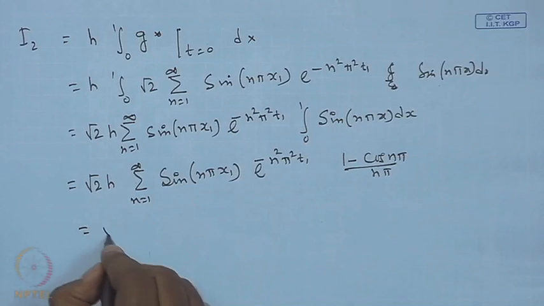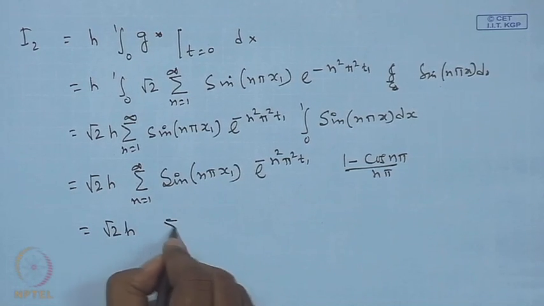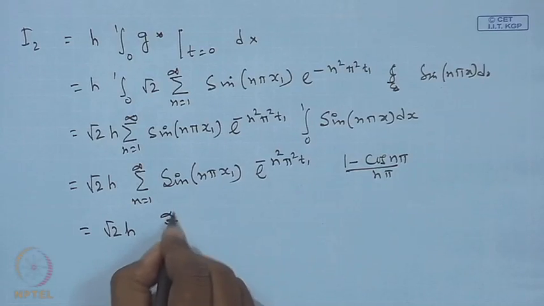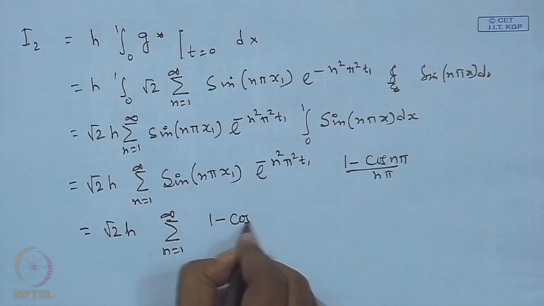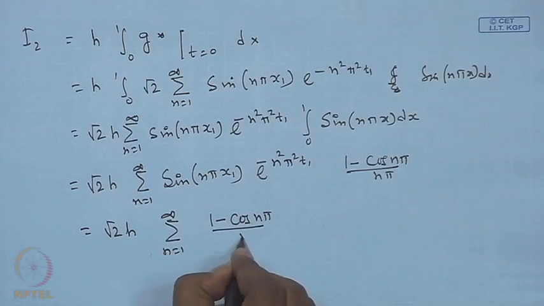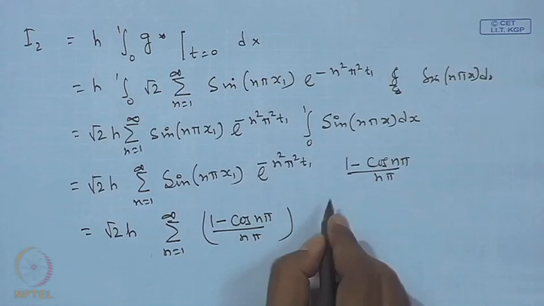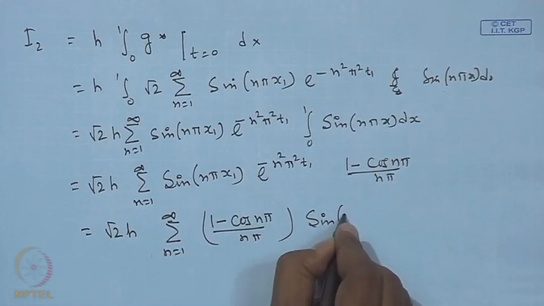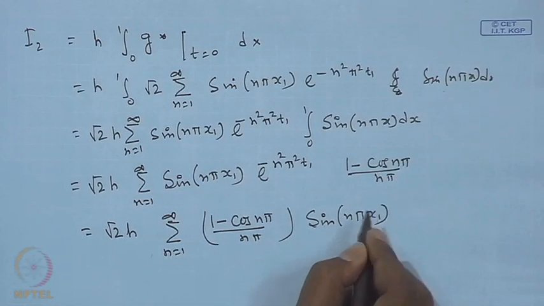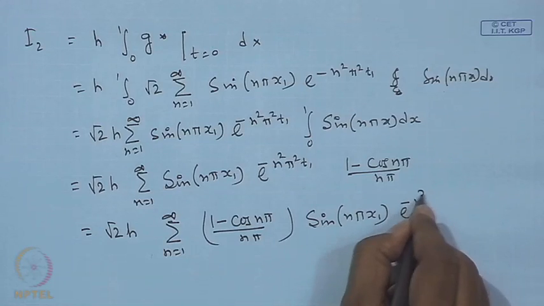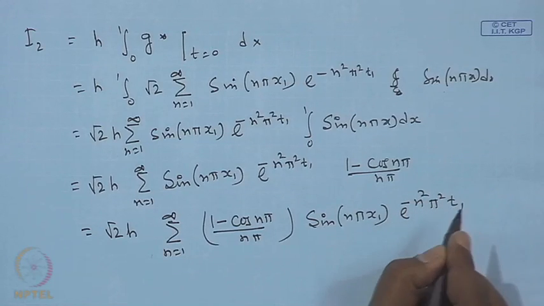So, the second term becomes root over 2 h summation n equal to 1 to infinity 1 minus cosine n pi divided by n pi, sin n pi x1 e to the power minus n square pi square t1.